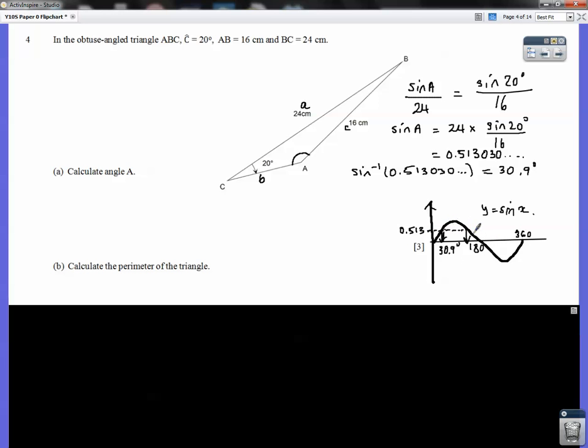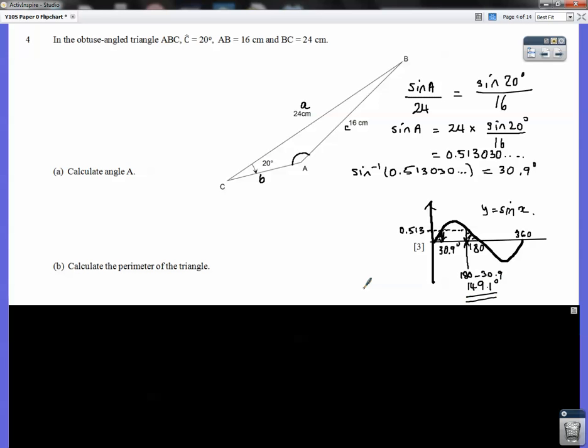Now, from symmetry between 0 and 180, we can see that this angle here is 180 minus 30.9. This distance here, 30.9, from symmetry I can see that I have to go the same distance to the left to find what this actual angle is. So I do 180 minus 30.9, and I get 149.1.